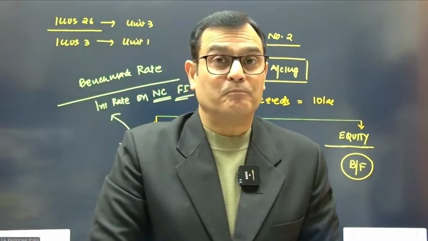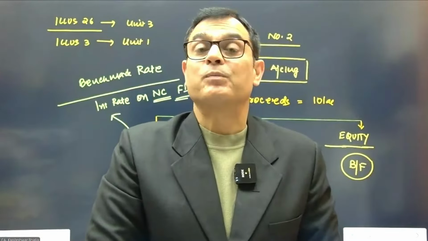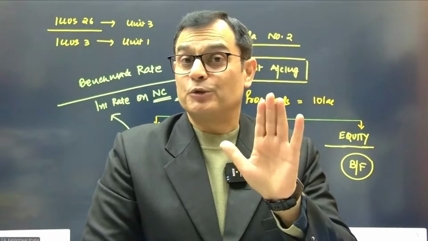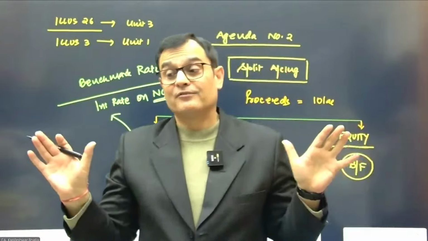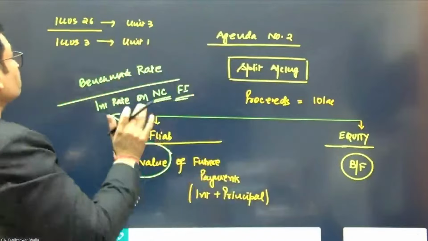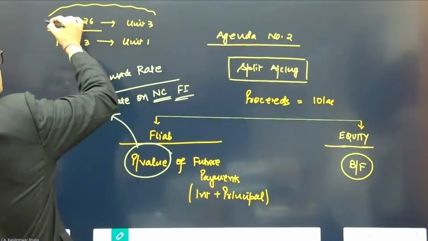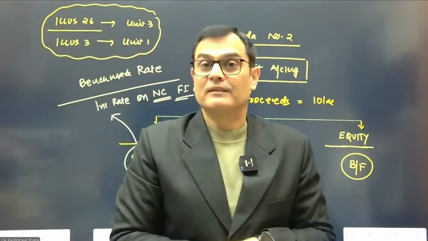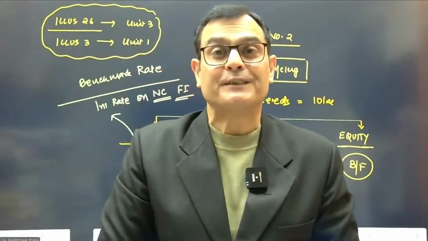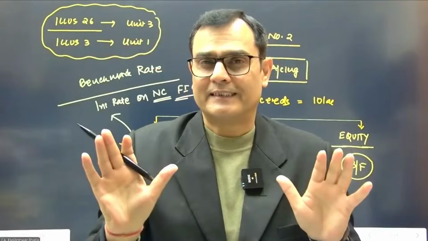I hope you got some basic art of split accounting. Though it is agenda 2, I just wanted to prepare you to discuss illustration 26. I have not yet discussed it; I've just made some background right now, and we'll come back to illustration 26, illustration 3. But I hope you got the dots connected.